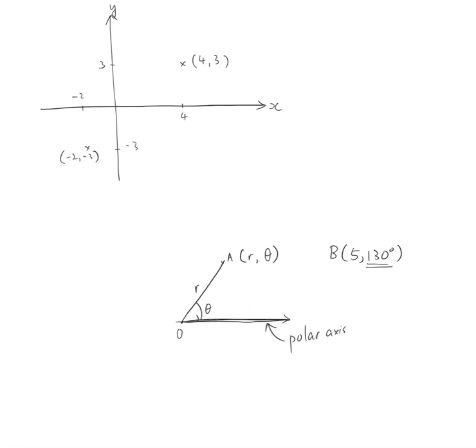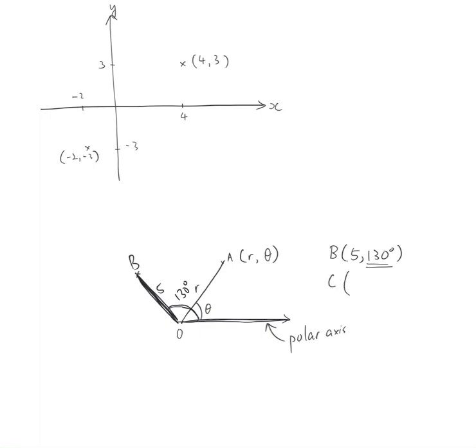Since a quarter is 90 degrees, it's another 40 degrees over to the other side. So this is 130 degrees, and I just need to make the length 5. So in this case, this is 5 and this is 130. That would be point B's location.